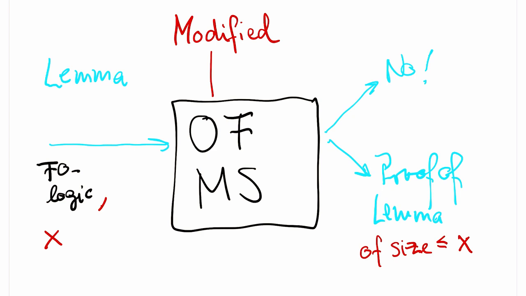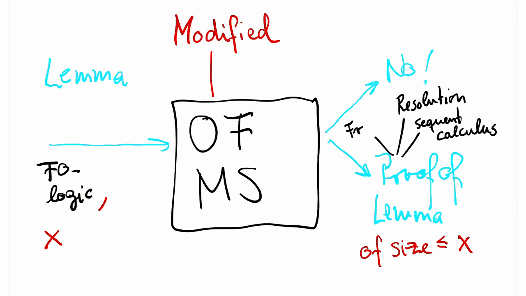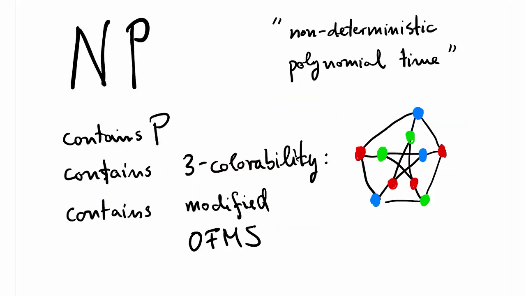To make this precise, I would have to tell you what actually a proof is precisely. There are different types of proof systems, but they are usually such that you can check them in polynomial time. I will not go into the details of this. You have to attend a logic course to learn more about this. Okay, so that's 2 examples.